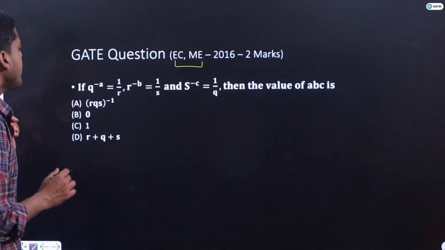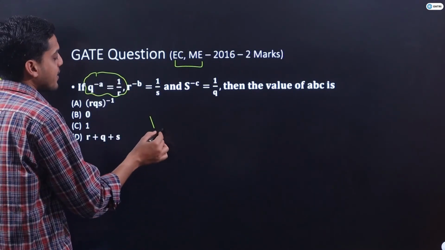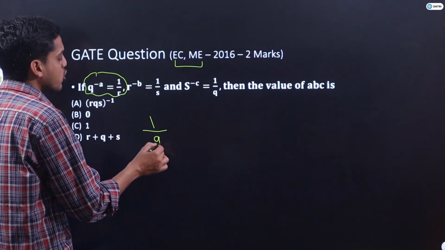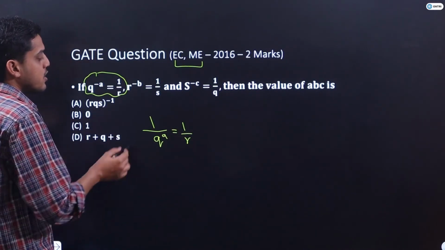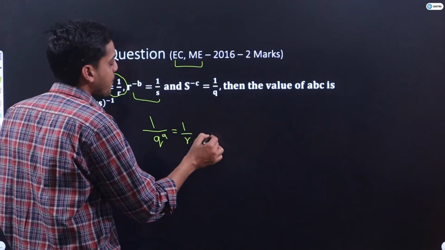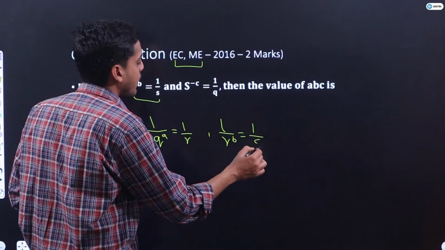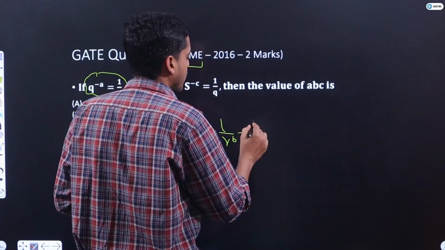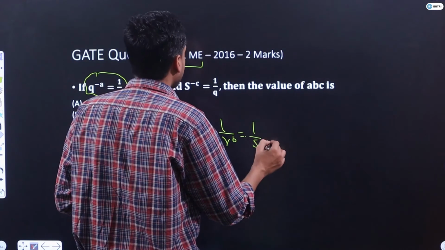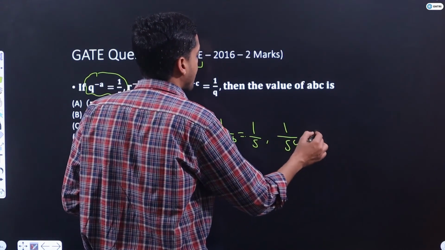First of all, if q to the power minus a equals 1 upon r, I can write this as 1 upon q to the power a equals 1 upon r. I hope it is clear. Similarly, I can write 1 upon r to the power b equals 1 upon s. Similarly, 1 upon s to the power c equals 1 upon q.